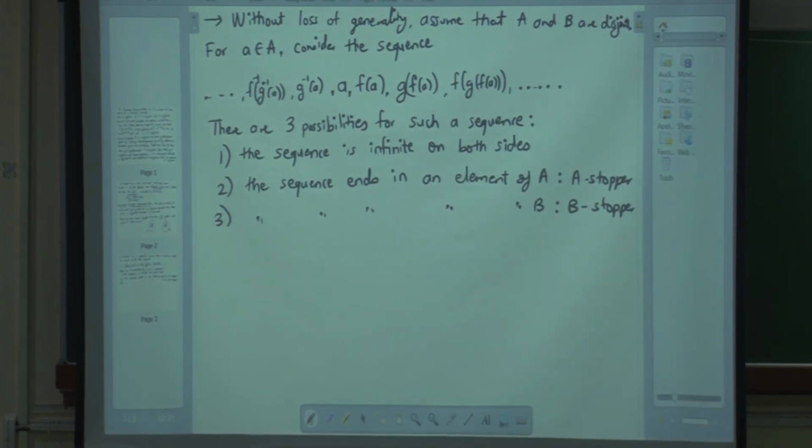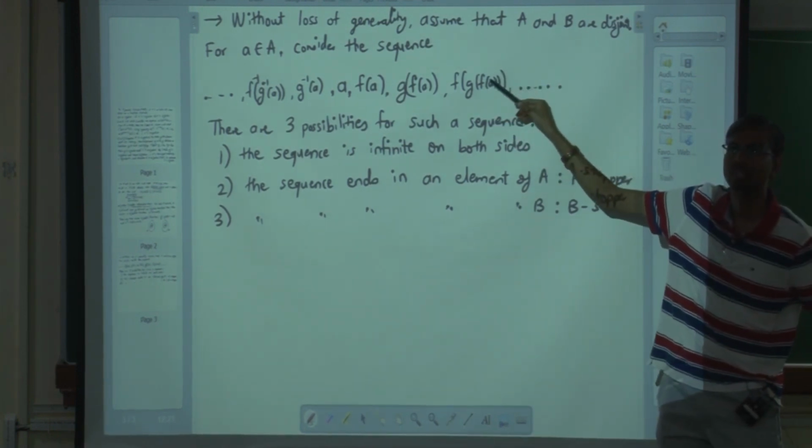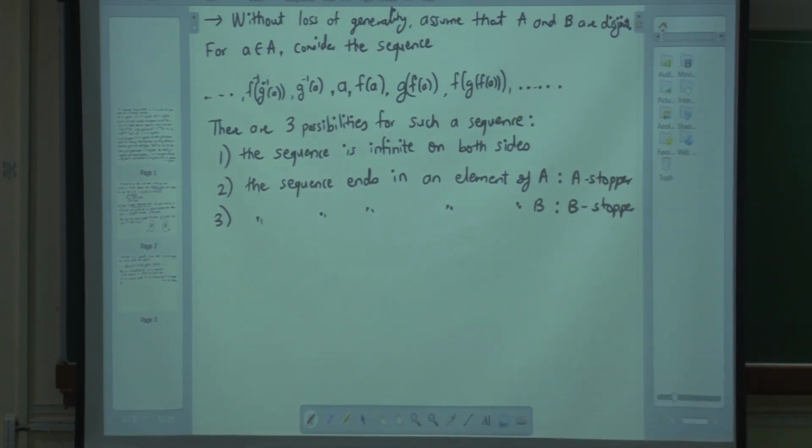We are starting the sequence with a, but maybe at the next step our a is this element, a prime. I'm claiming that not only every element of A, but in fact every element of A union B, the disjoint union, lies in exactly one of these sequences.